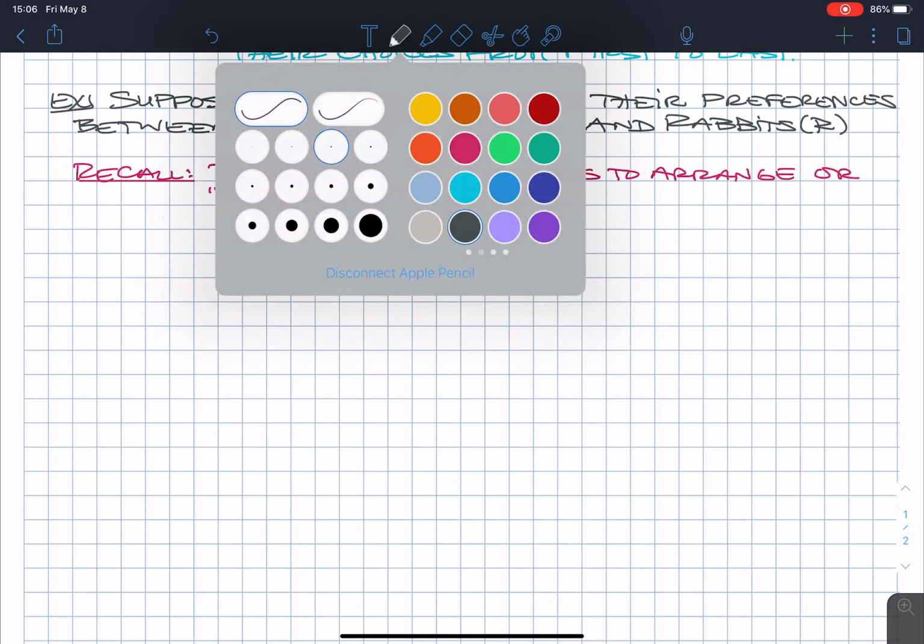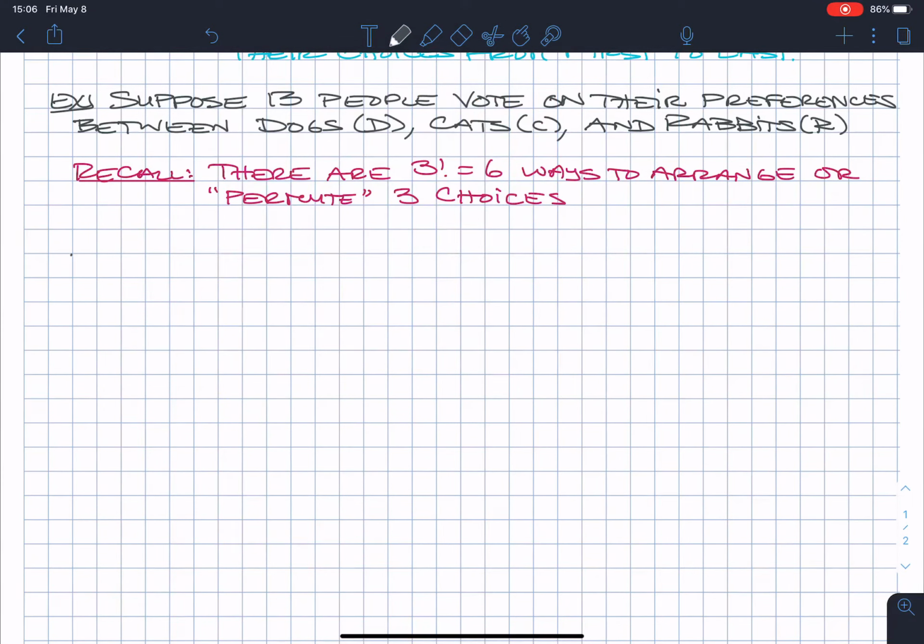So what I'm going to do is set up a table with the voters and each of their choices. Voters will be on the horizontal. So we'll have voter 1, voter 2. There's 13 of these guys.